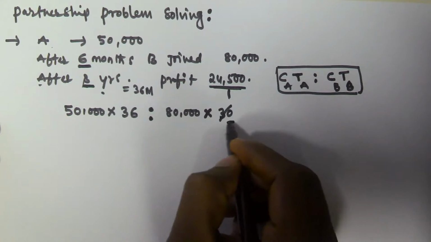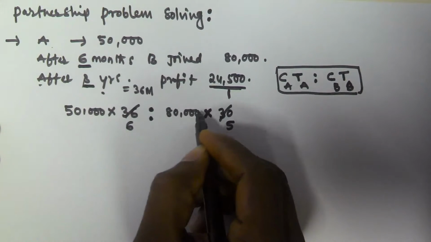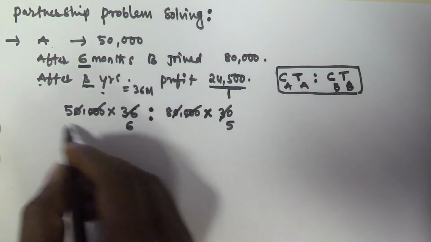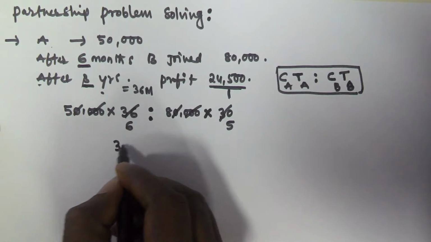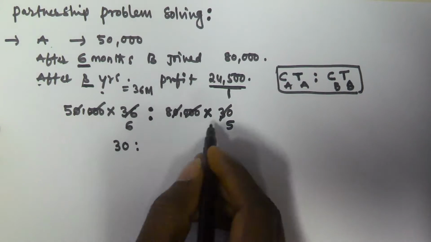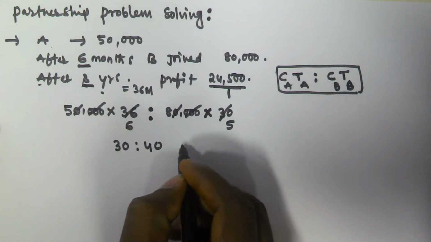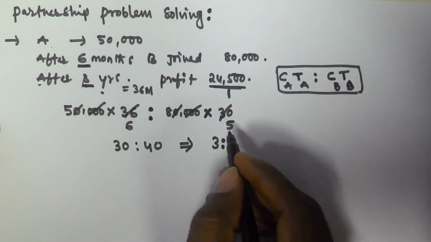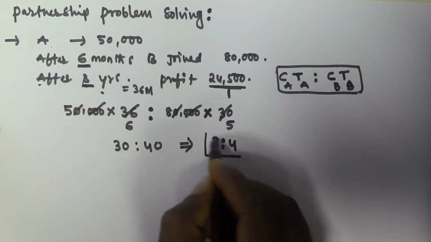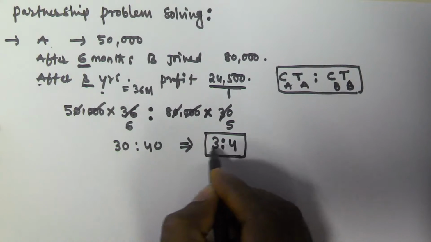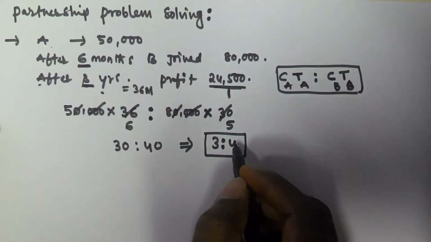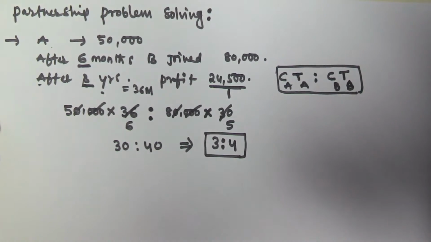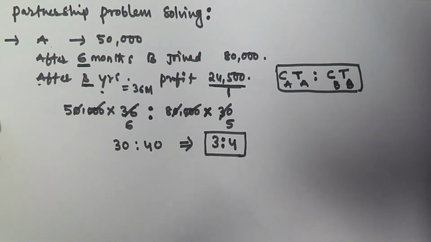So take 5 and 8, and here 4 zeros cancel and 4 zeros cancel. So this is 5 into 36 ratio 8 into 30, and this simplifies to 3 ratio 4. So the profit is divided between A and B in the ratio 3 ratio 4. We have to find the profit shares.